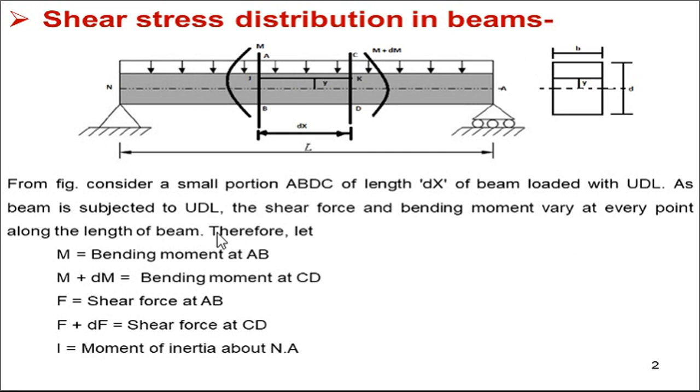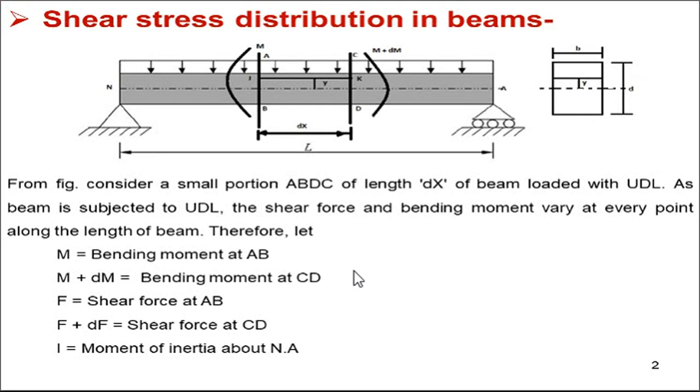As the beam is subjected to UDL, the shear force and bending moment vary at every point. We know that because of the loads, the shear force and bending moment vary at every section of the beam. If you change the position or distance, the magnitude of the shear force and bending moment changes.